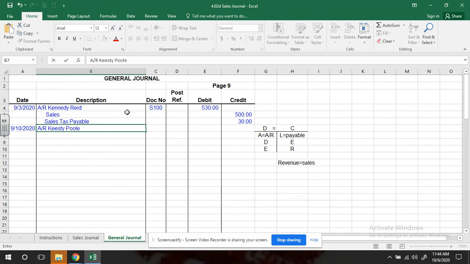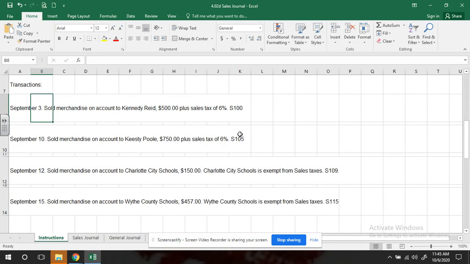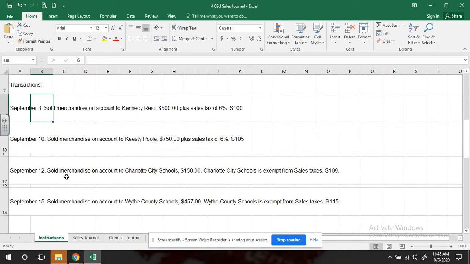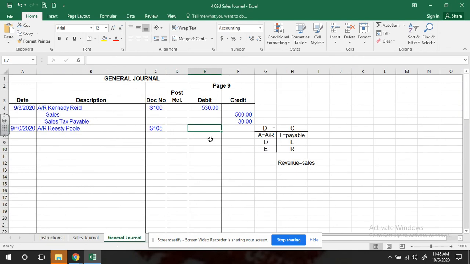This time on the general journal, you gotta put the AR in front of there. Okay. So this is S105. And Keystee bought $750 worth of stuff. That was sales.